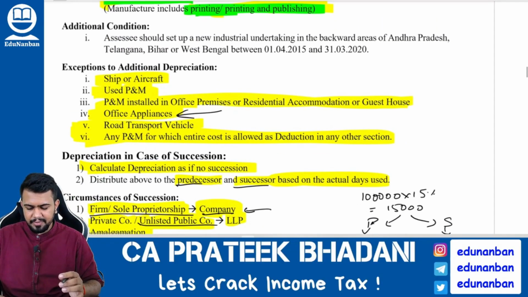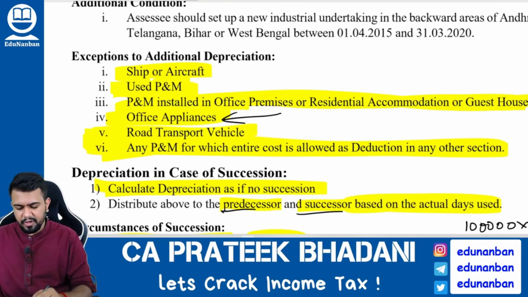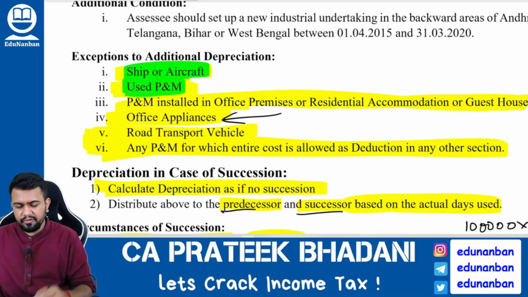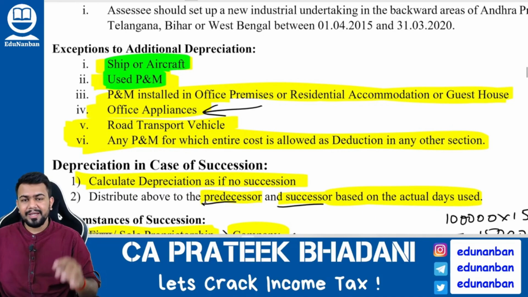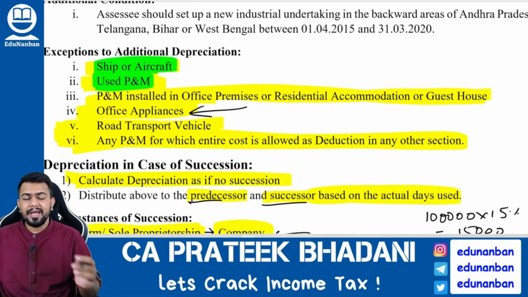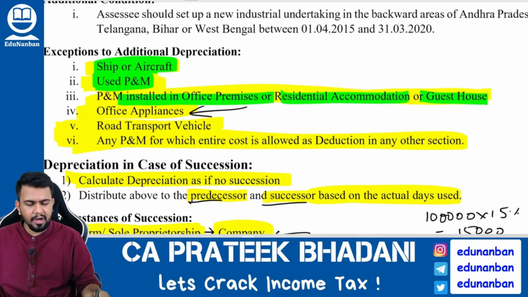Now what are the exceptions? Exception number one, additional depreciation is not allowed for a ship or aircraft. Number two, it is not allowed for a used plant and machinery, only for new plant and machinery. Number three, it is not allowed if the plant and machinery is installed in the office premises or residential accommodation or guest house.